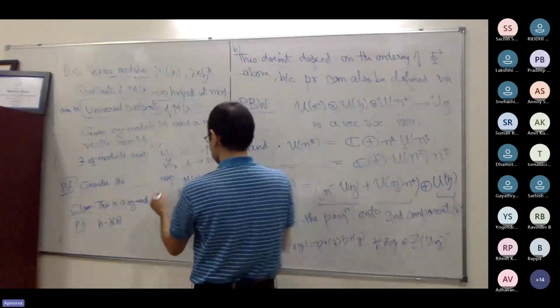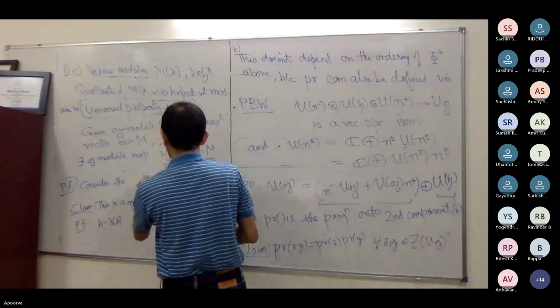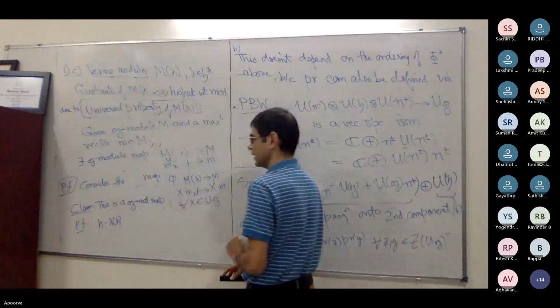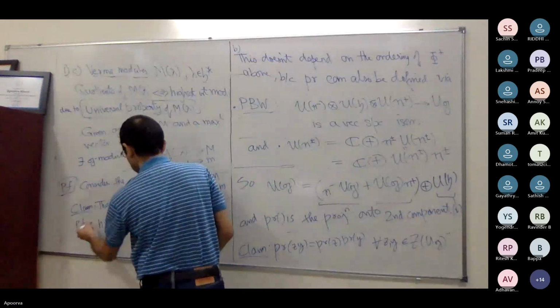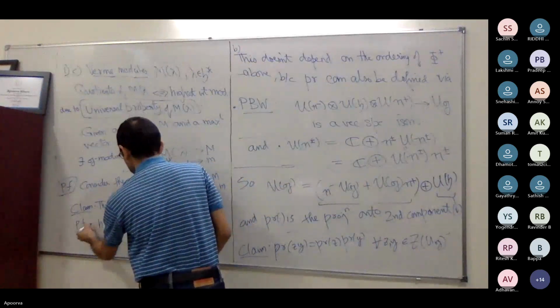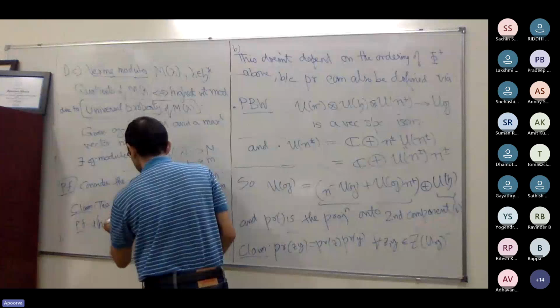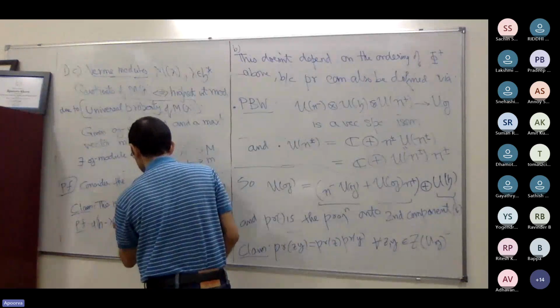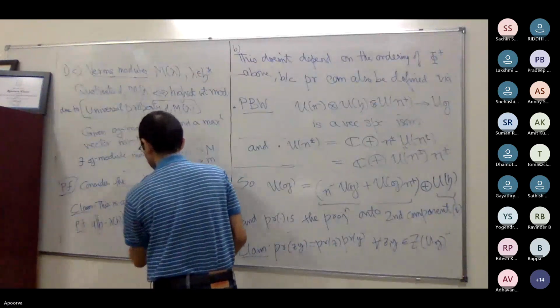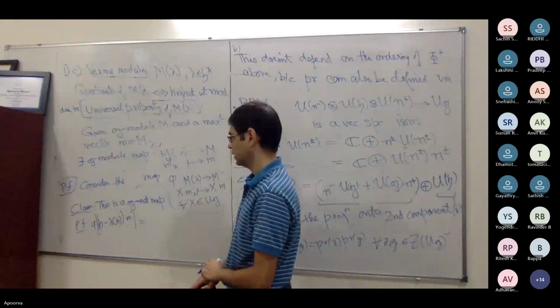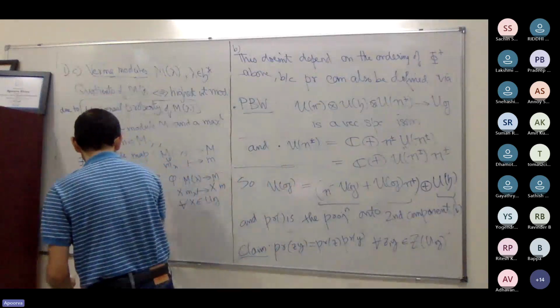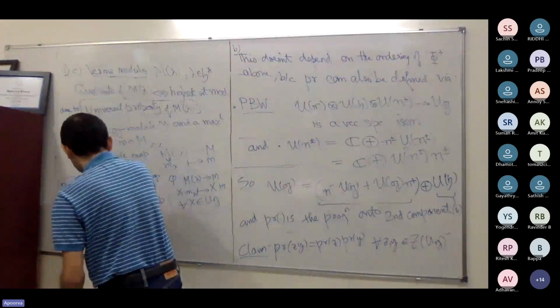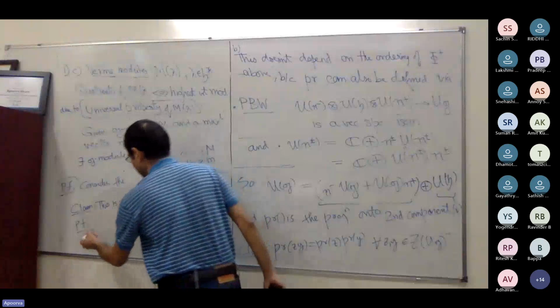Well, let me give this map a name, phi. Let's just check it's acting by the generator.